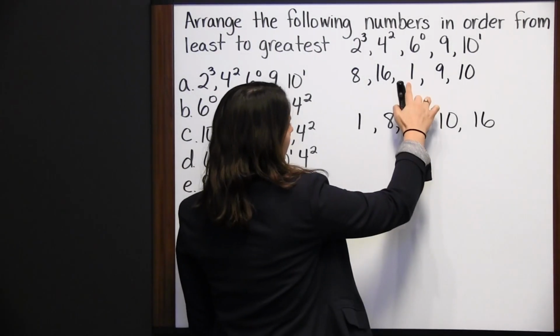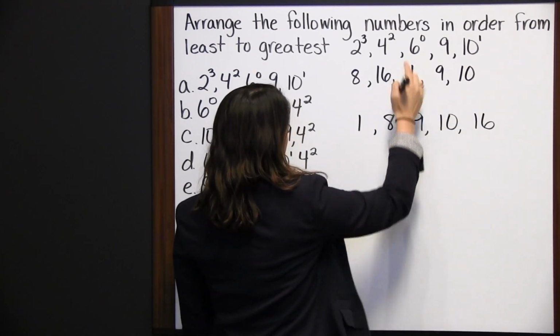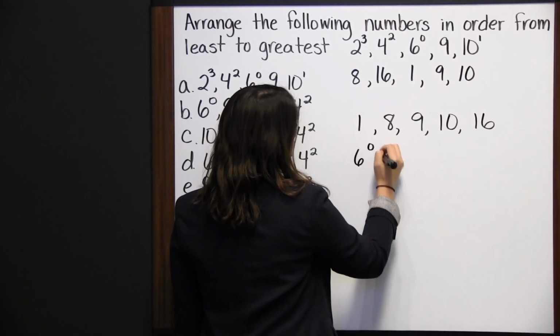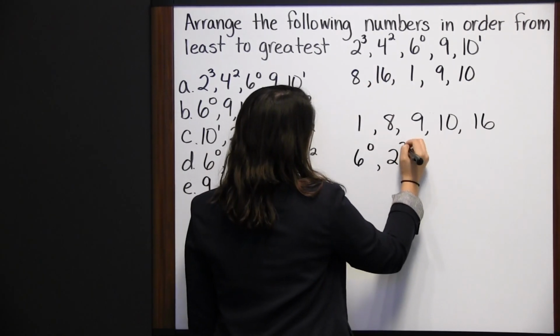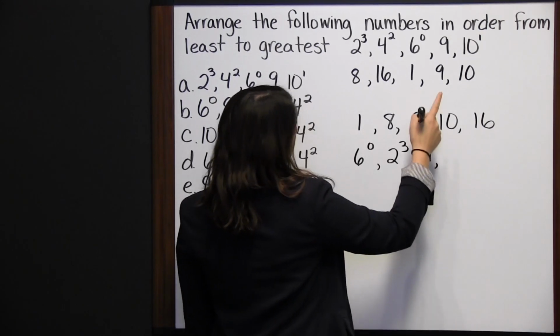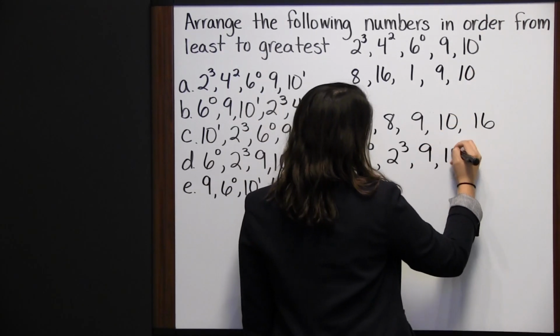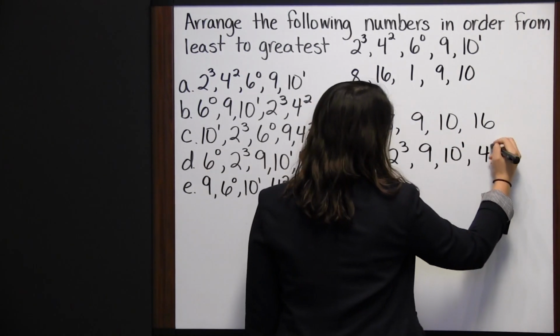So now I'm going to go back and write them the way they were written to begin with. 1 was 6 to the 0. 8 was 2 cubed. 9 was always 9. 10 was from 10 to the first. And 16 was 4 squared.